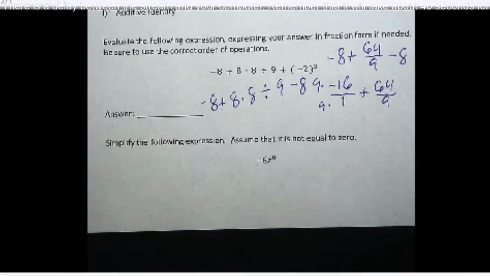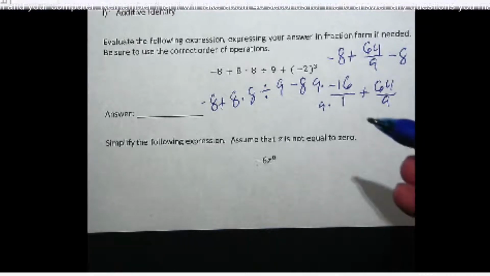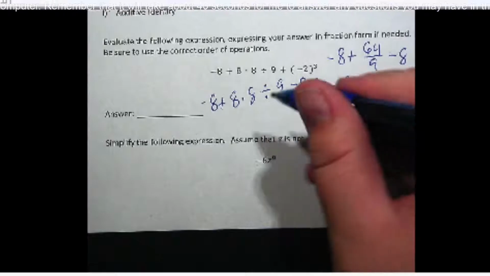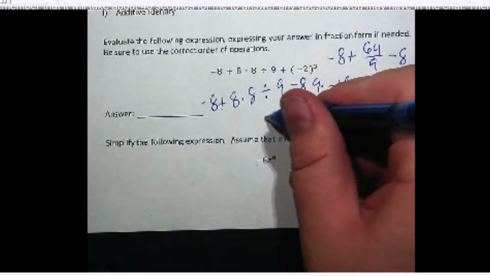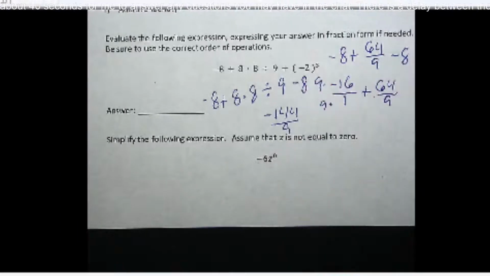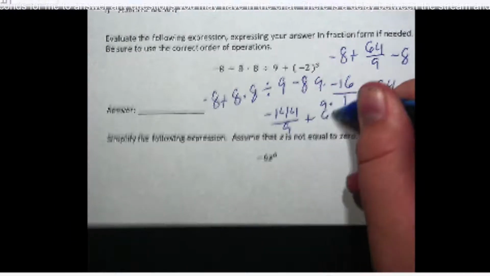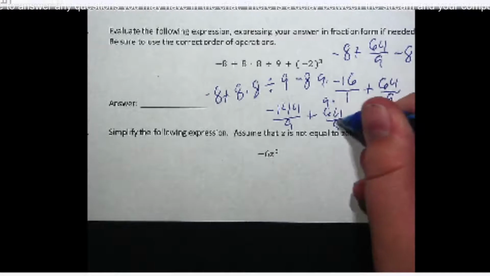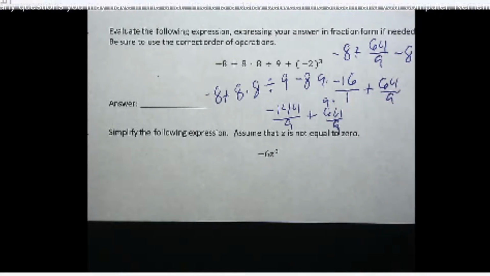But I've got to do the same thing to the top. So negative 16 is also getting multiplied by 9. So that's going to give me, let's see, negative 144. So 64 minus 144, whichever way you want to think about it, is going to be negative 80 over 9.